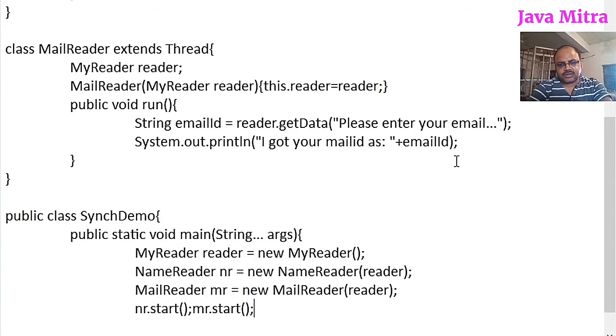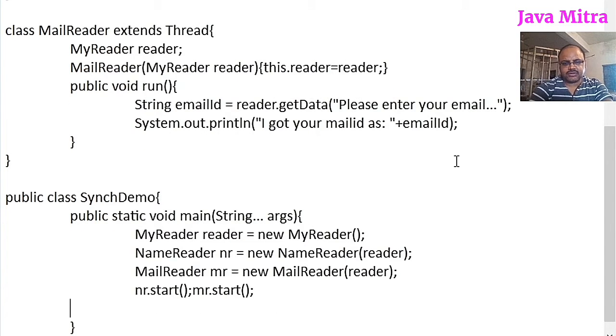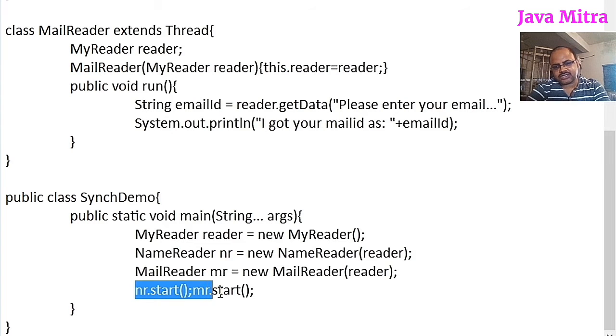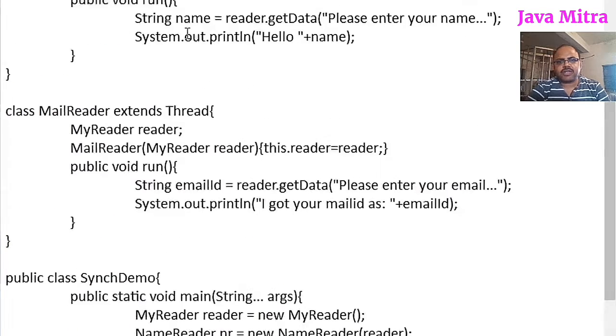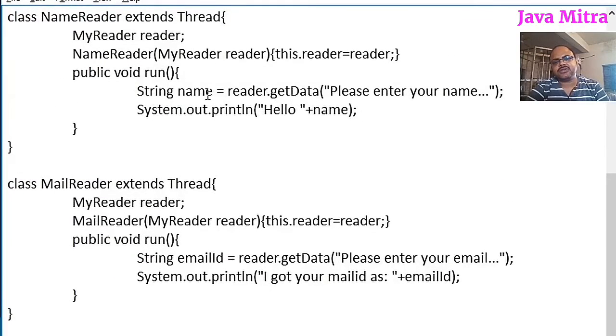Let us see after doing all these things what will happen. The reader object will be shared by both the threads, and both the threads are started. Since threads are independent, the run method of both the threads will execute simultaneously, and both will try to get the data. But the problem is which one has to give the data, because both the threads are asking for their values.